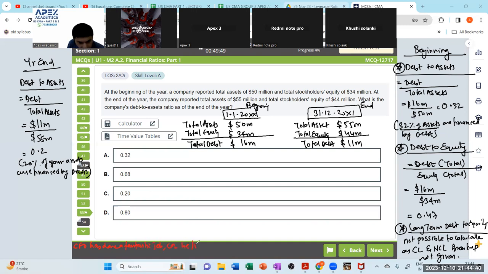Because he or she has reduced the dependency on debt as a source of financing, from 32% to 20%. At the beginning of the year, 32% of your business was controlled by borrowed money. At the end of the year, only 20% is controlled. So you have slashed it down.